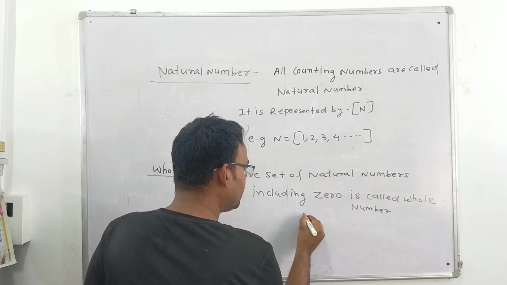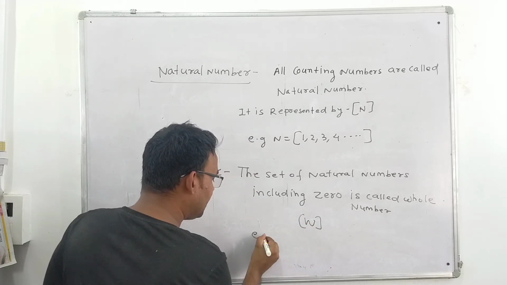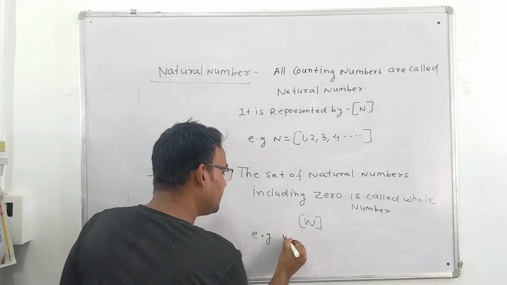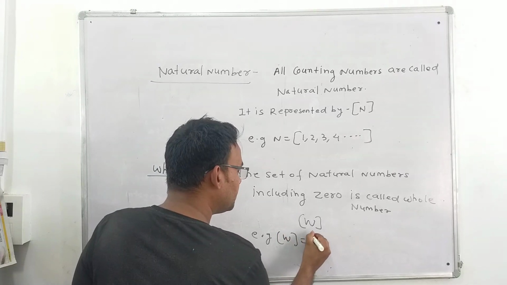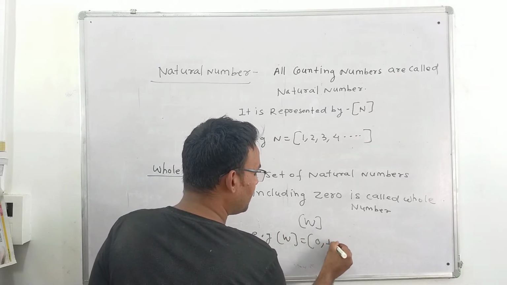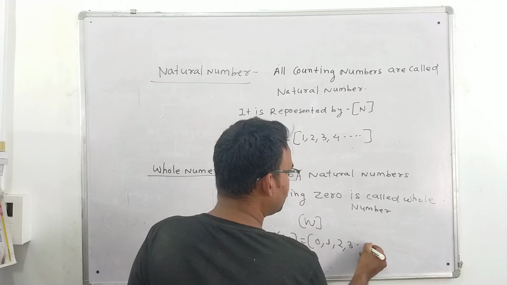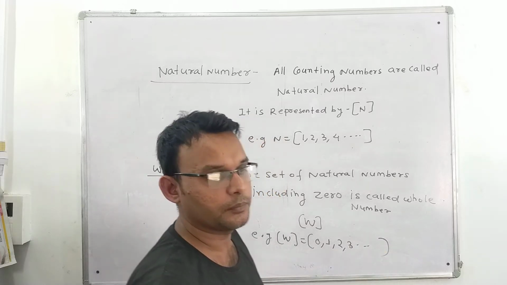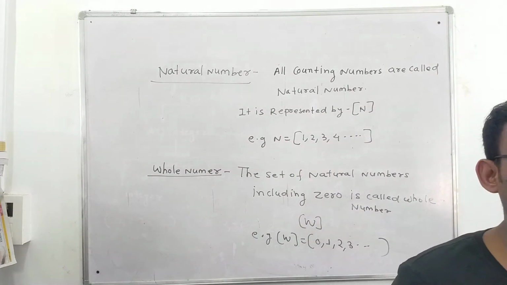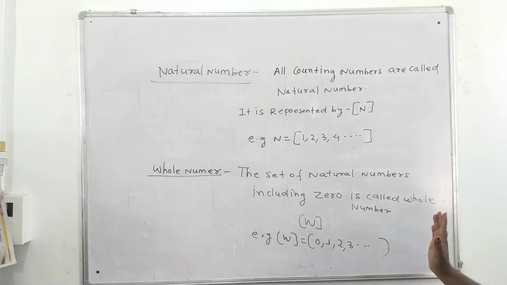It is represented by W, and an example of whole numbers: W is equal to 0, 1, 2, 3 and so on. The set of all natural numbers including 0 is your whole number.